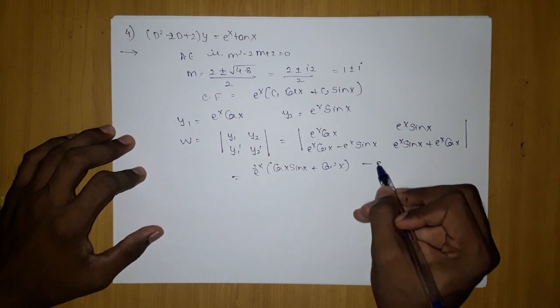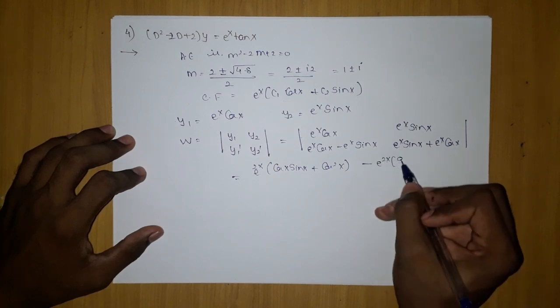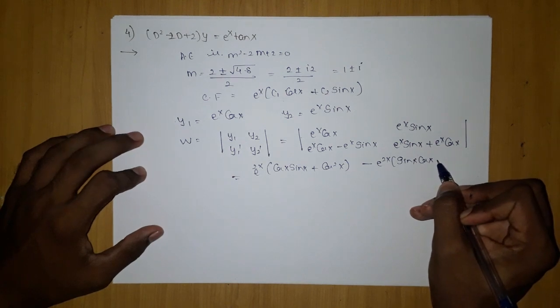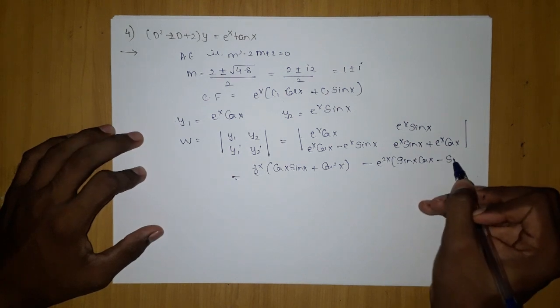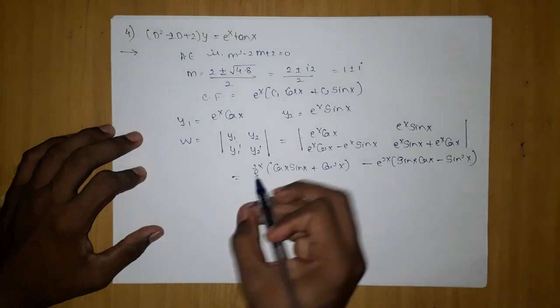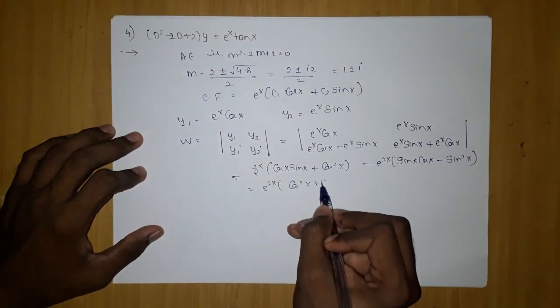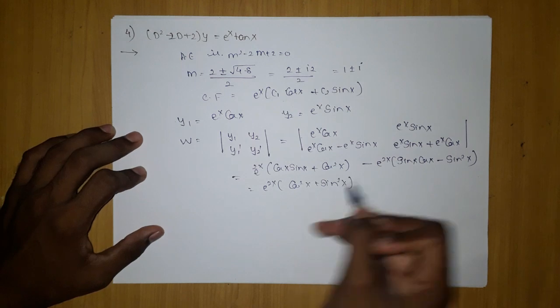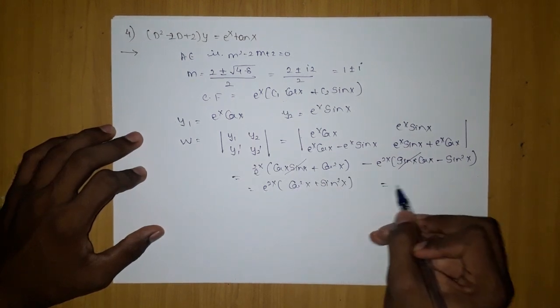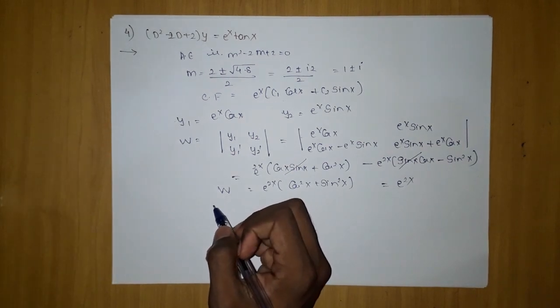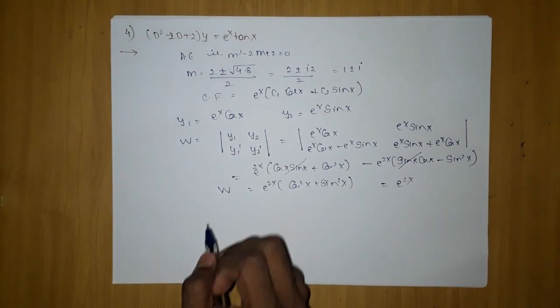Here it will be minus e to the power 2x, we will take common, sin x into cos x, right? And this will be minus sin square x. So if we take e to the power 2x outside, we will be left with cos square x plus sin square x, and this cancels out, and we are left with e to the power 2x as our W, which is the Wronskian.